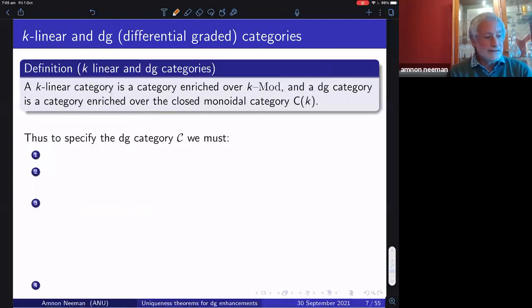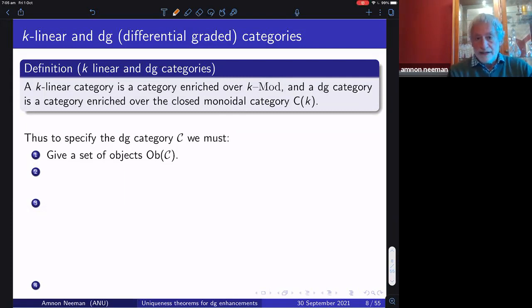So to give a C, the structure of a DG category, means, first of all, it must have objects. So you have to have a set of objects, ob C. Now, our categories will be small in this talk, small in some universe of our choice.